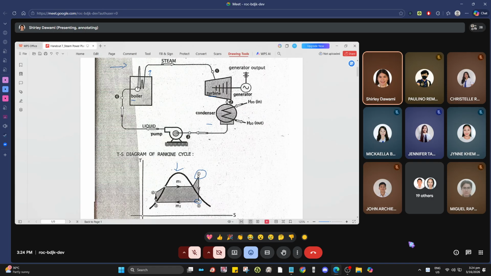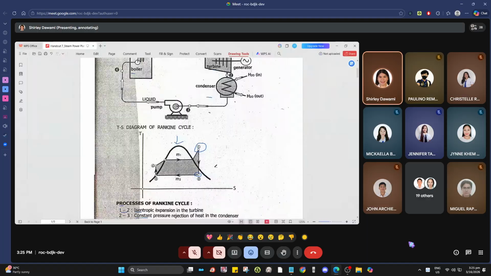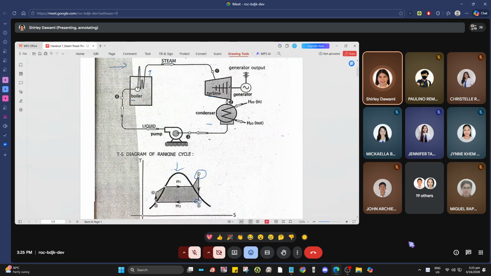Then process 2 to 3 is a constant pressure rejection of heat in the condenser. The steam enters the condenser as a wet steam.